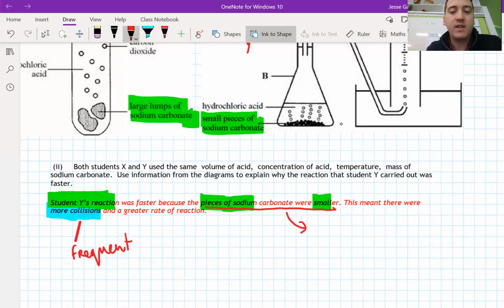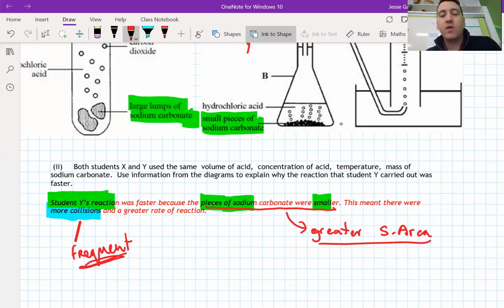They've left out that this leads to a greater surface area. That's a really important idea, the greater surface area, and the frequency of collisions is a really important idea. So this answer can definitely be improved.